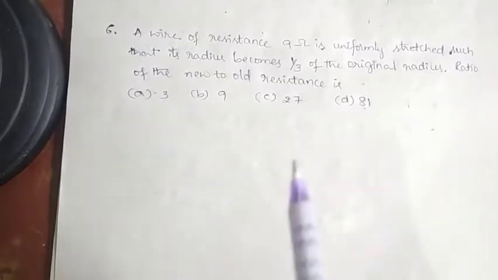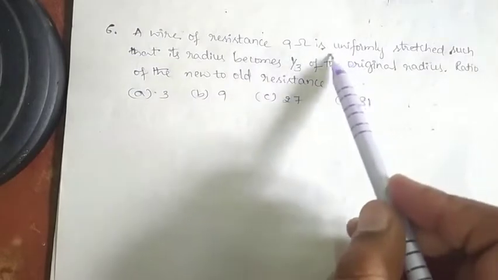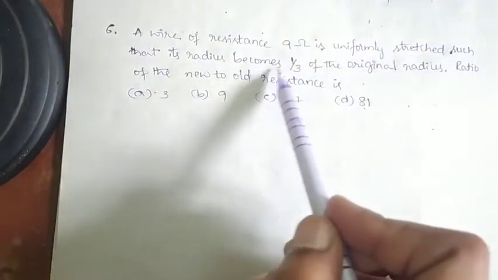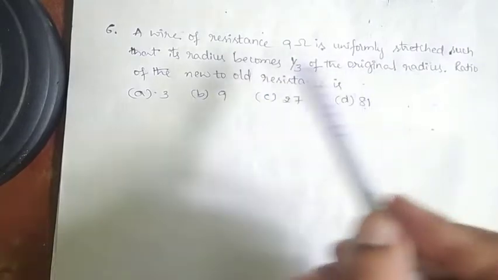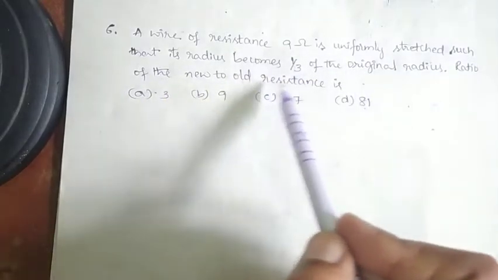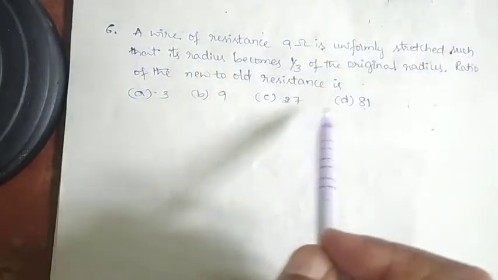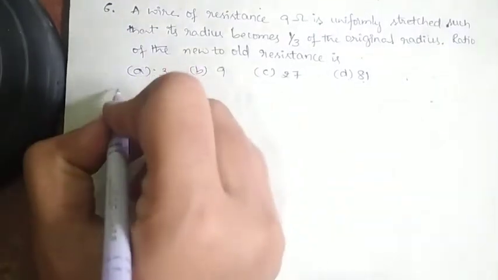Next question. A wire of resistance 9 ohm is uniformly stretched such that its radius becomes 1 by 3 of the original radius. The ratio of the new to old resistance is: option A 3, option B 9, option C 27, option D 81. Now we have to solve like this.